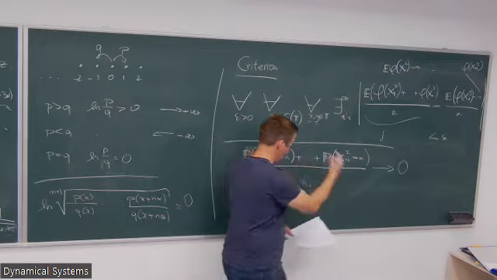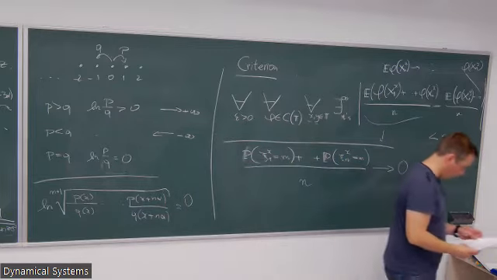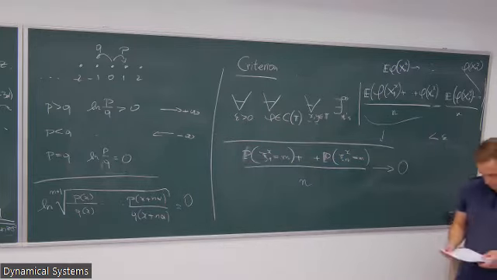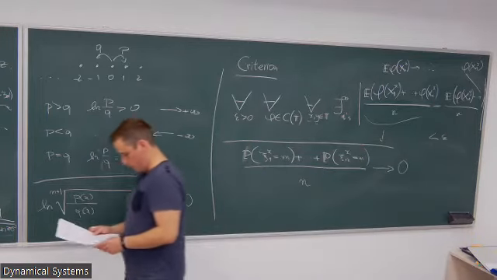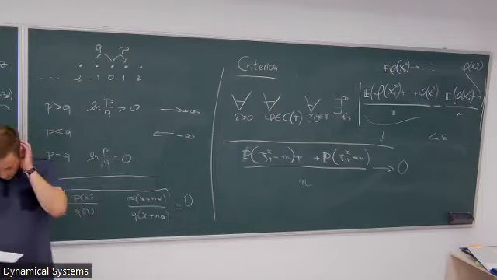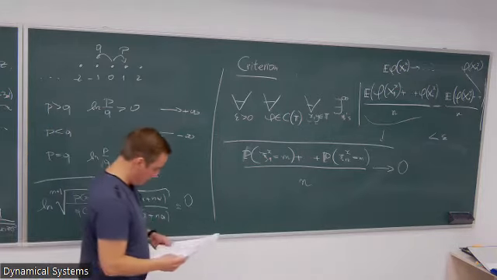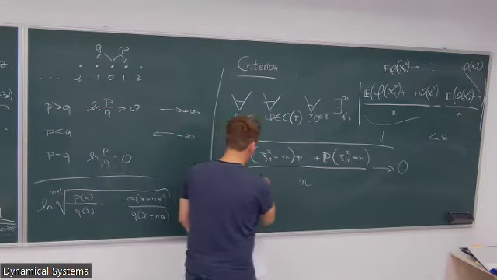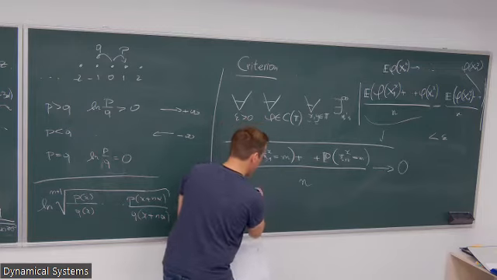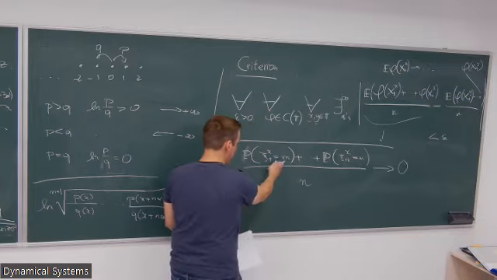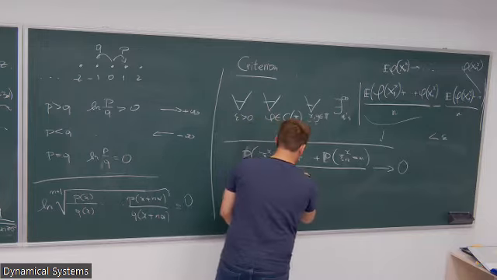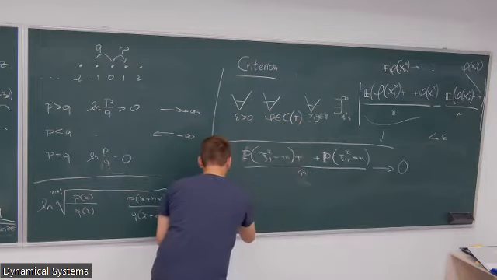Expressions of this type were an object of interest of Kolmogorov, and I think that he was the person who proved this kind of limit theorems for Markov chains in 1936. And here's the question. If our random walk is null recurrent, we know that this tends to 0 for every state.